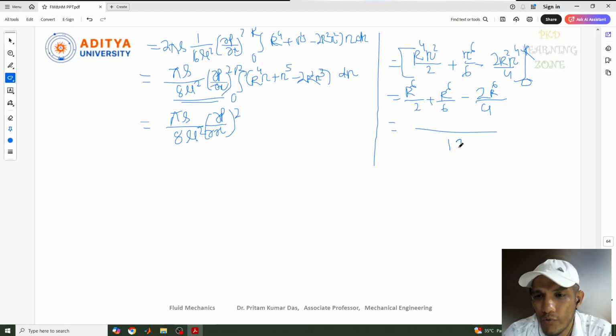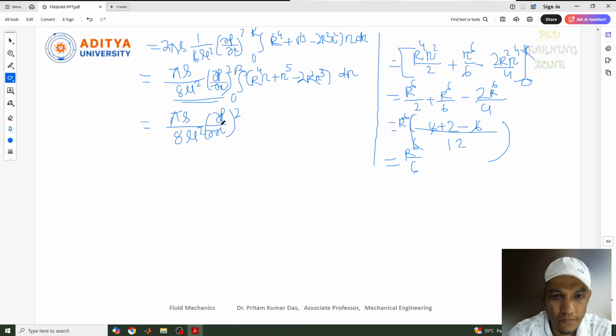So this will be 12, and if you take common of this R to the power 6, here we are going to get 6 plus 2, and this is minus 6. So here minus minus will be cancelled, 6 is going to be cancelled, 2 by 12, so we are going to get 1 by 6. That is nothing but R to the power 6 by 6. The same value, just put it here, R to the power 6 by 6.